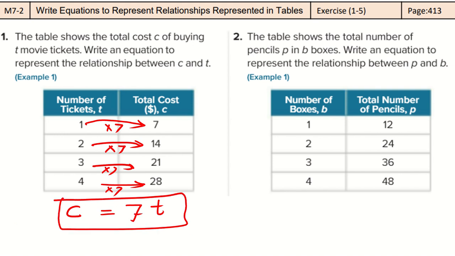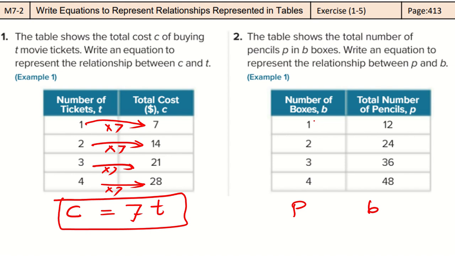This is the answer. Students, remember, in the choices they will give you this option also, T is equal to 7C. Don't be confused, okay? You just check with the answer, check with the table also. What is dependent, what is independent, or what value it is showing there. Now, same here, you see, they say the number of pencils, P, is the output and B boxes is the input.